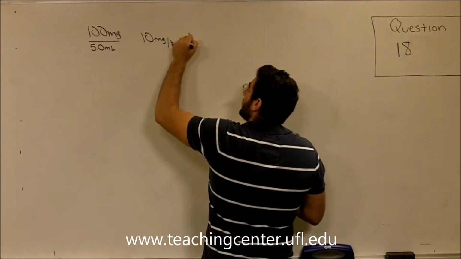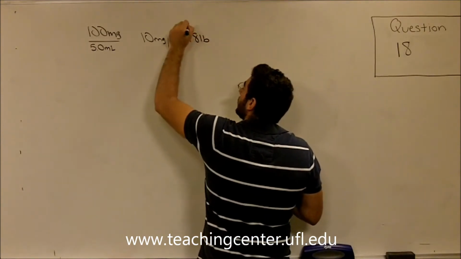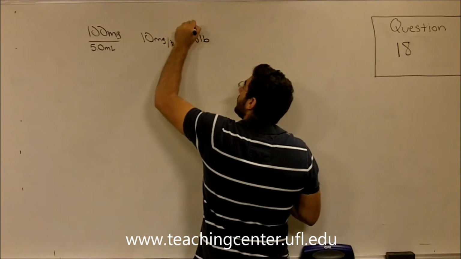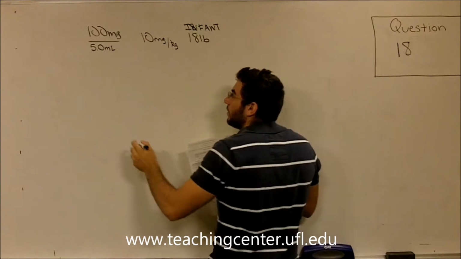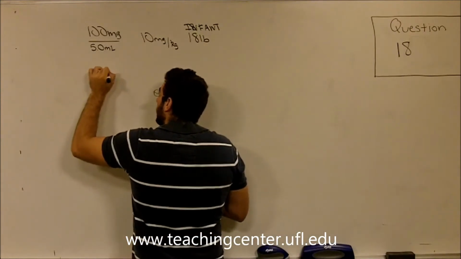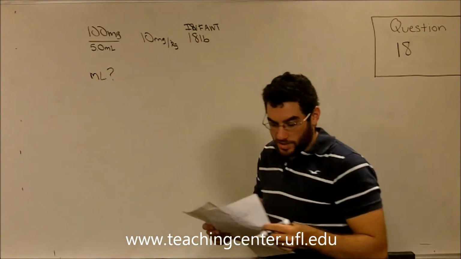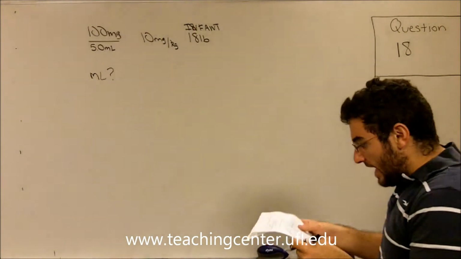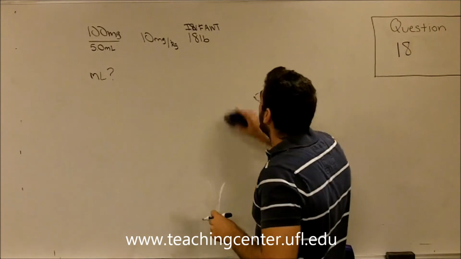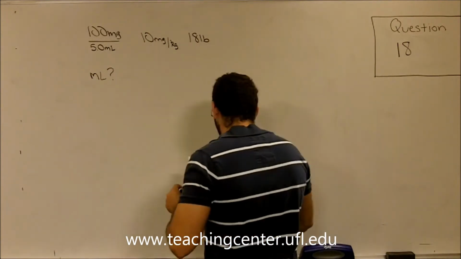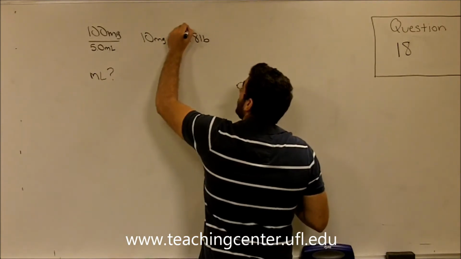So our infant weighs 18 pounds, and we want to know how many milliliters of this suspension we should give. In order to go about solving this, we know that the infant weighs 18 pounds. Let me rewrite infant here so it looks a little more legible.